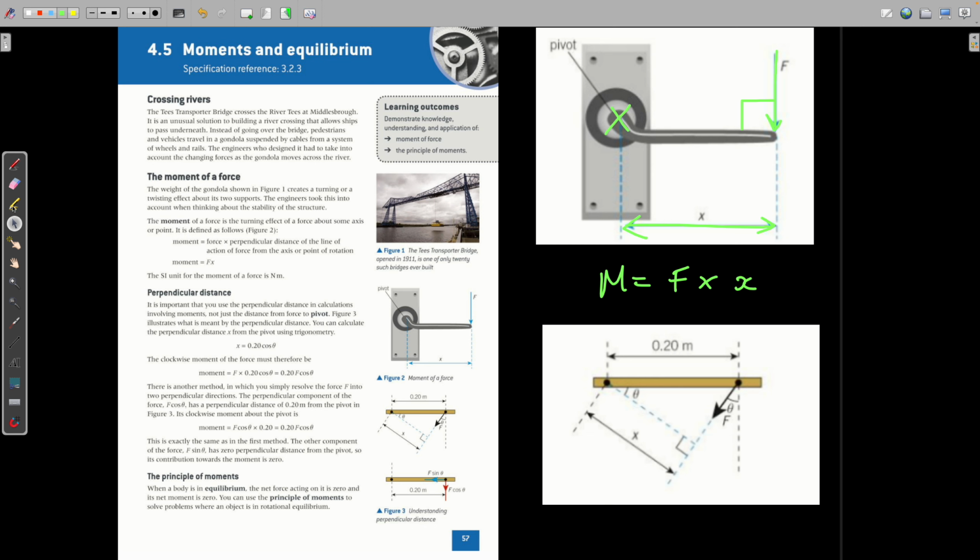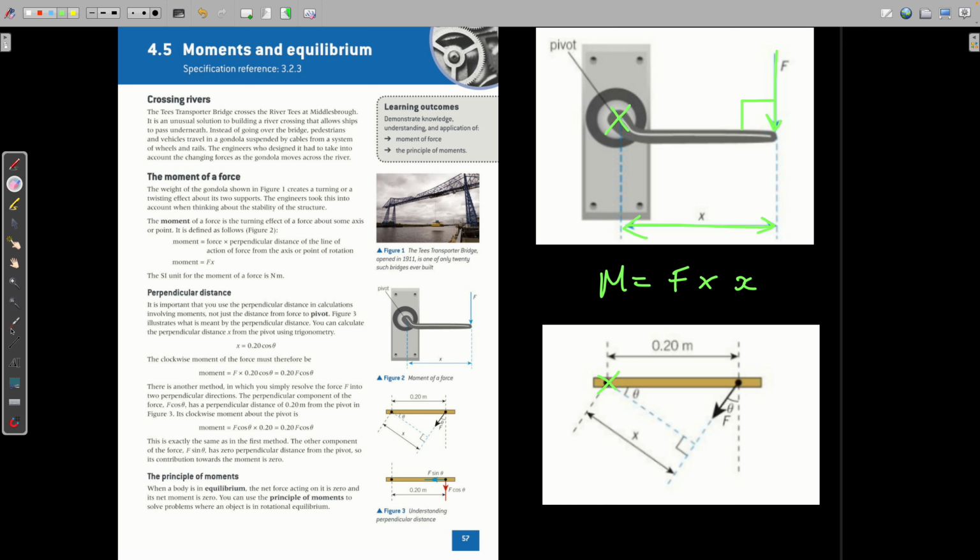So there's the pivot at this point. And the action of the force is at 0.2 meters from F, but F is not acting perpendicular. It's acting in this direction. So you need to find the perpendicular distance to the pivot from the line of force.